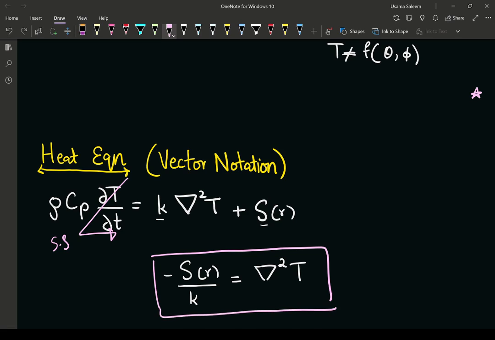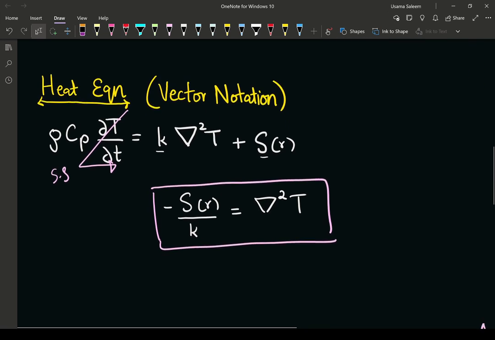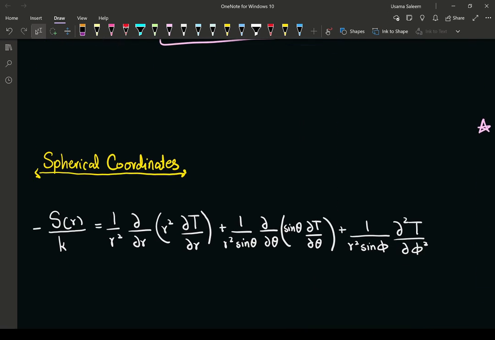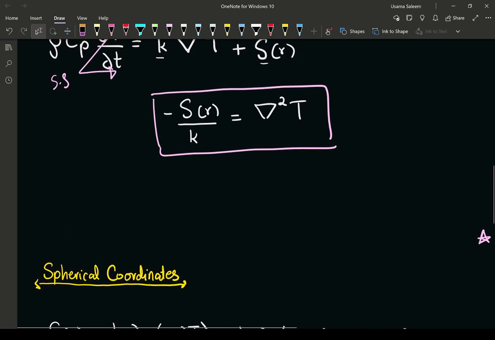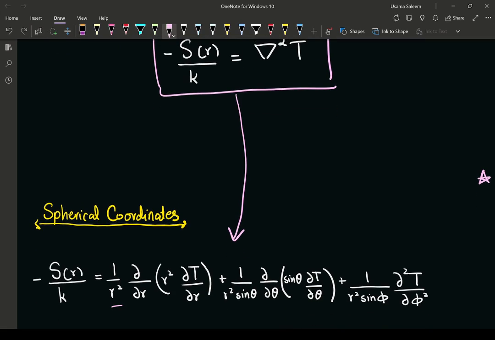But this is vector notation, and as you probably know, most engineers look at vector notation and go, ugh. Since we have a sphere here, we're going to jump into spherical coordinates. So this right here is the Laplacian in spherical coordinates.